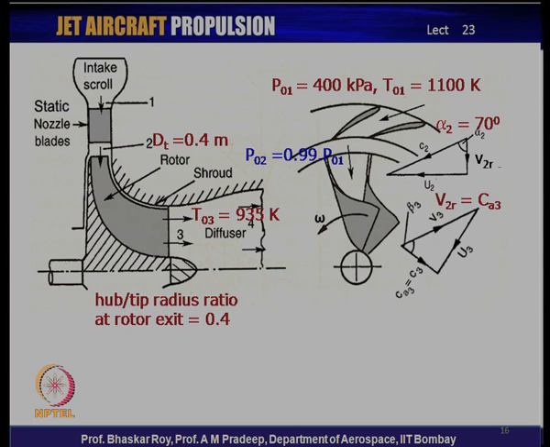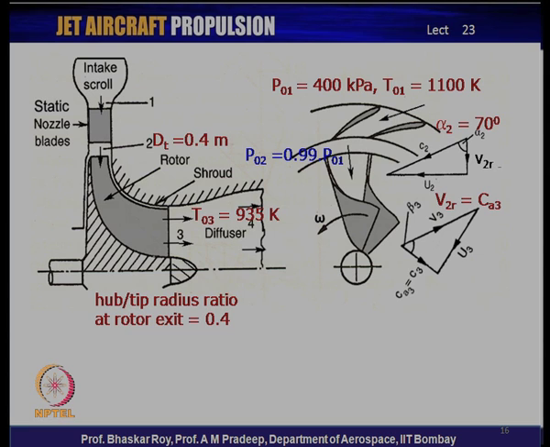So, this radial component, which is equal to V2 here in this diagram, as is normally often done in many gas turbines, would be taken as equal to CA3, that is this CA3 that is coming out of the rotor, the absolute component of the velocity in its axial direction.